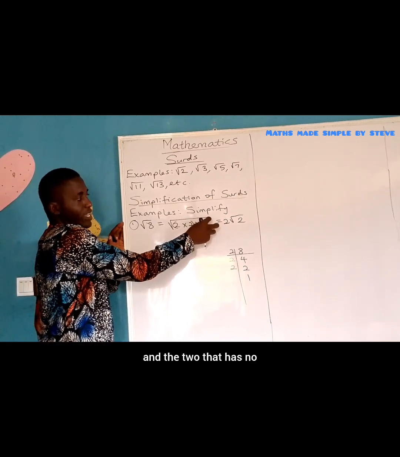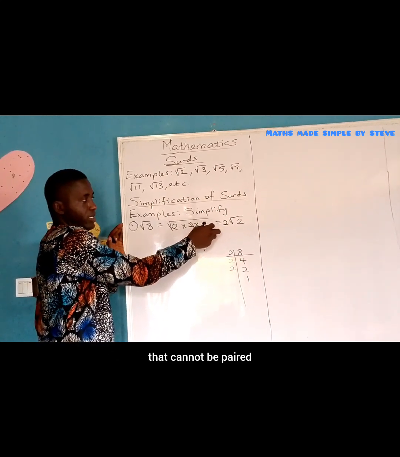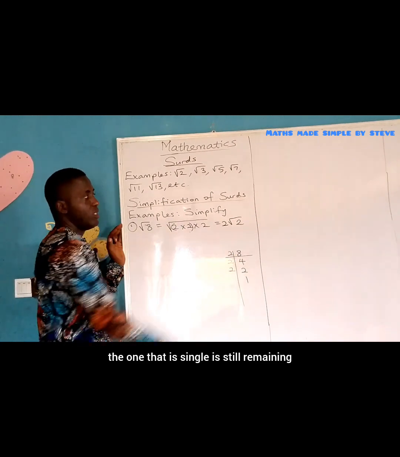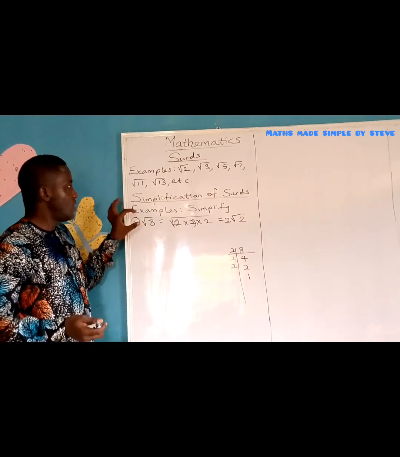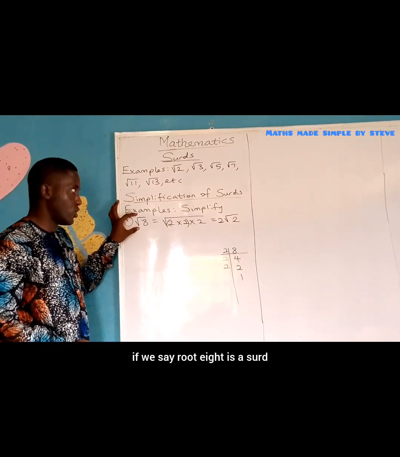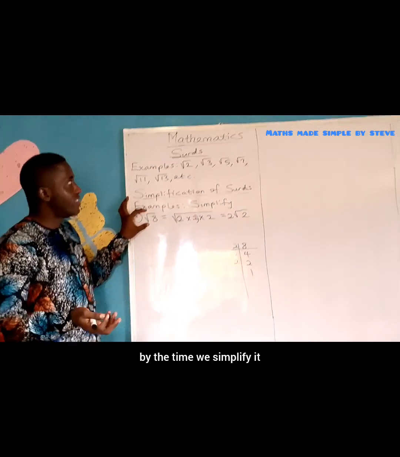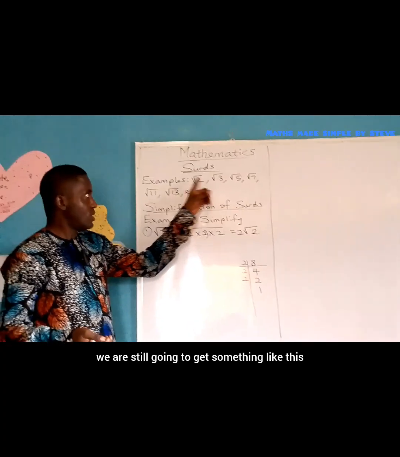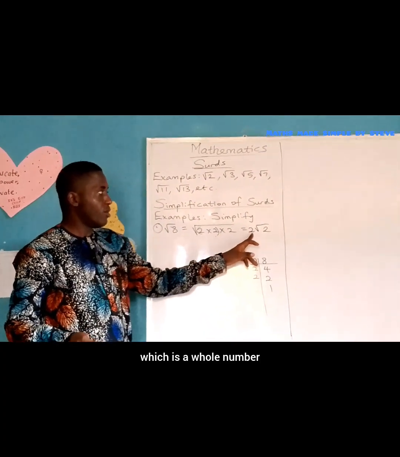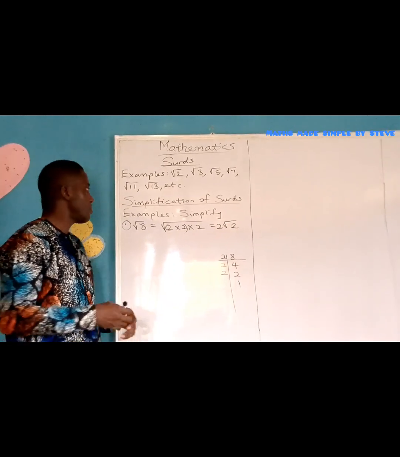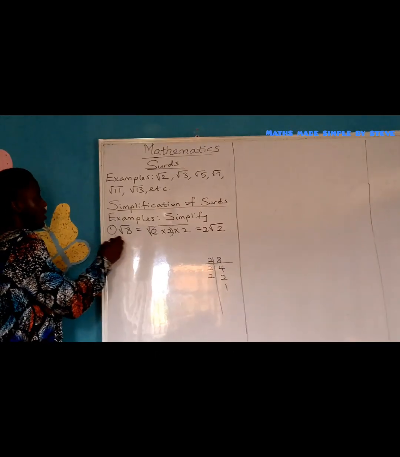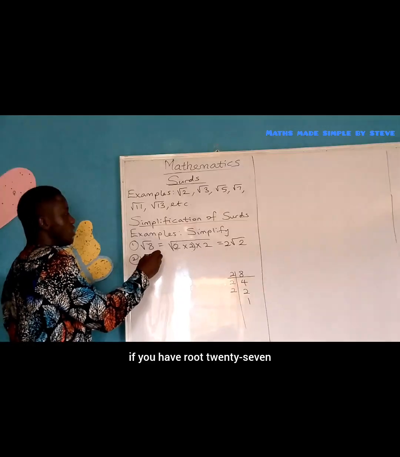And the 2 that cannot be paired, the single one, is still remaining under the square root. So you can see that if we say root 8 is a surd, by the time we simplify it, we are still going to get a whole number and a prime number under a square root. Another example, if we have root 27.